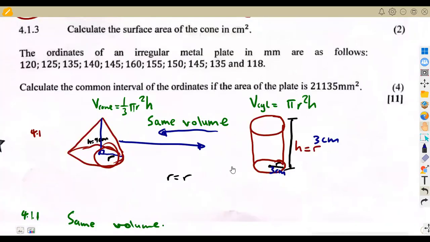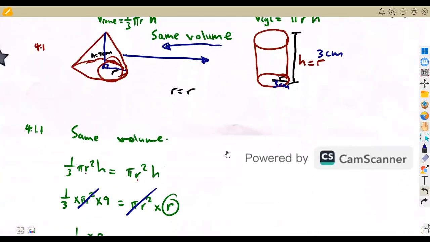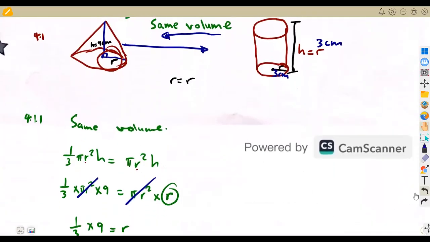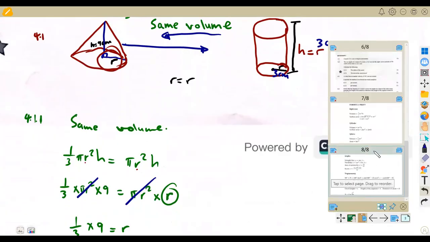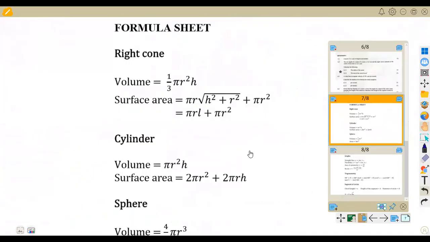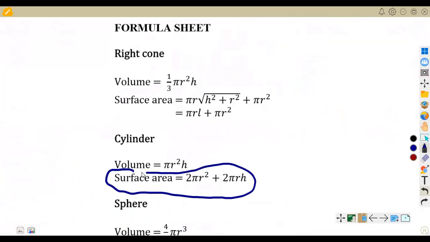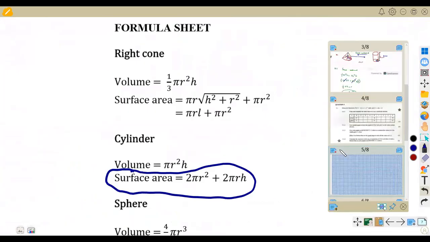For a cylinder, we are also given our formulas, the surface area being 2 pi r squared plus 2 pi r h. Let me just do this so that you can also see your formulas. On a cylinder, this is the surface area: 2 pi r squared plus 2 pi r h.